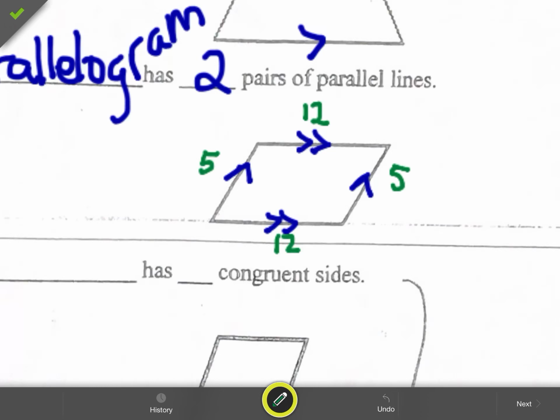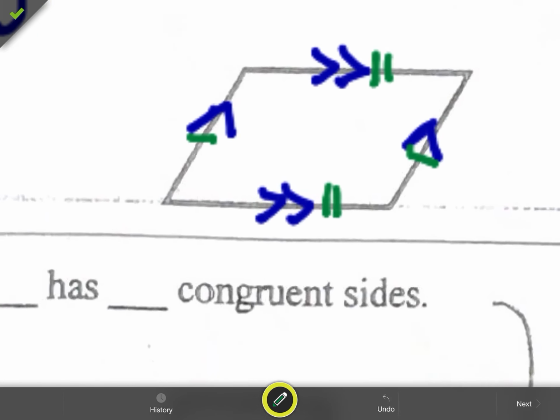Inches, yards, whatever. And again, that will change, but that's just an example. The way we write it generically on our picture is we use our little tick marks. So this side is congruent to this side, and this side is congruent to this side. Your picture is going to start being super messy in just a second.